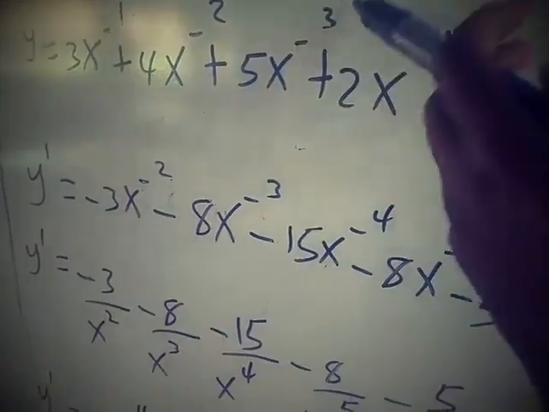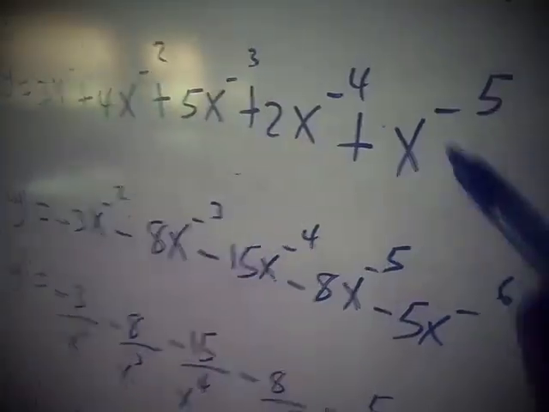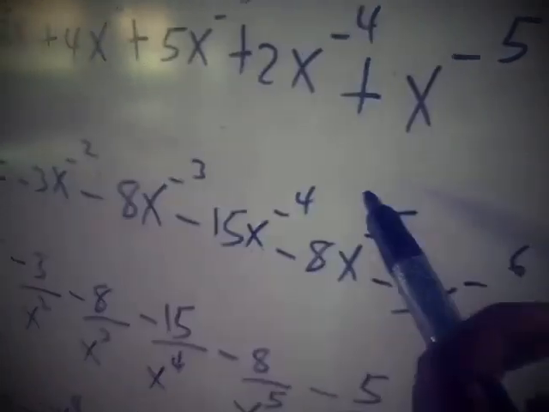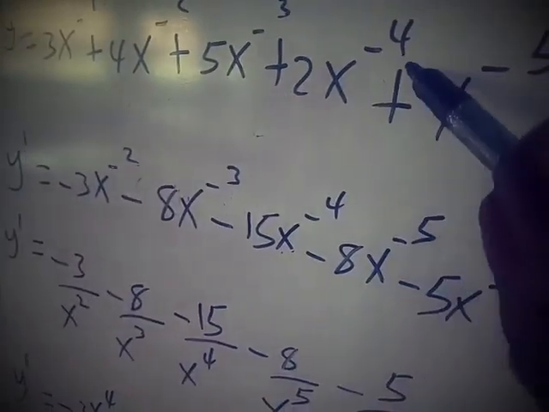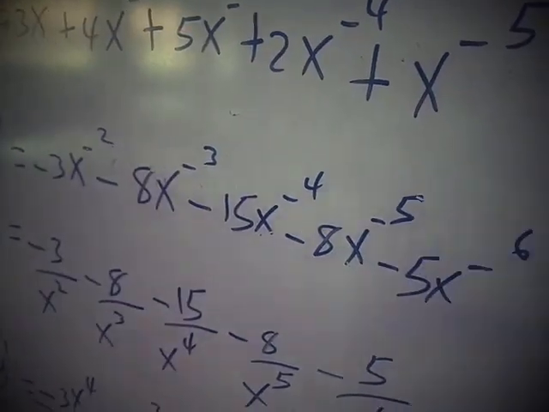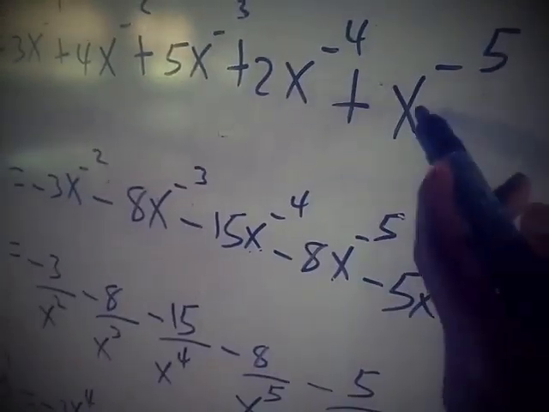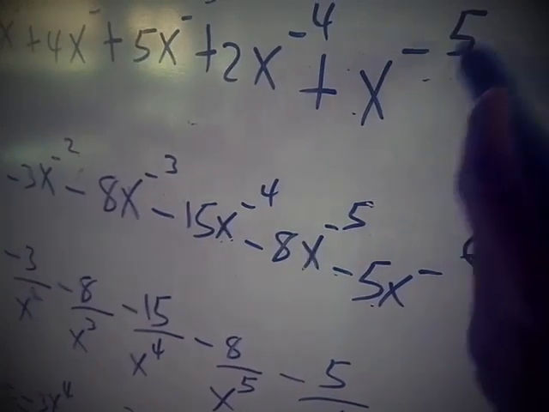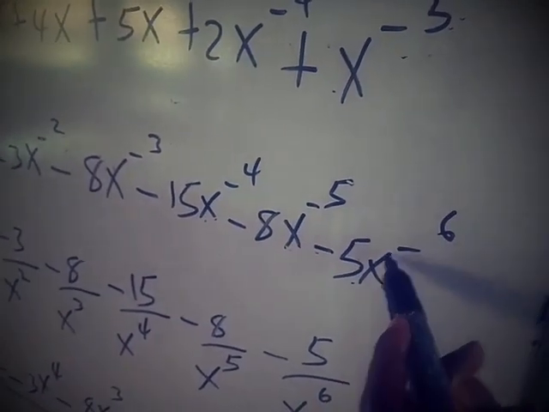Then you have negative 3 minus 1, which is negative 4. The other part, it is 2 times negative 4, which is negative 8. Then you have negative 4 minus 1, which is negative 5. Then finally you have negative 5 times 1, which is negative 5. You have negative 5 minus 1, which is negative 6.